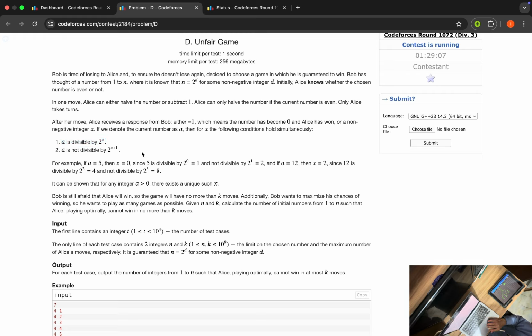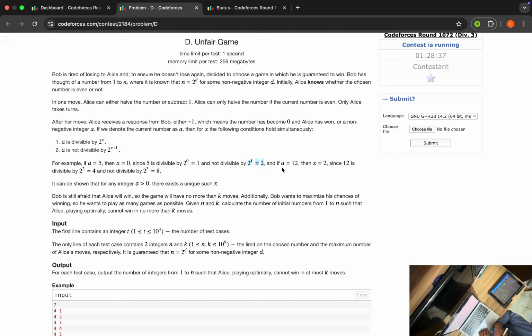For example, if a equals 5, then x equals 0, since 5 is divisible by 2 to the power 0 and not divisible by 2 to the power 1.